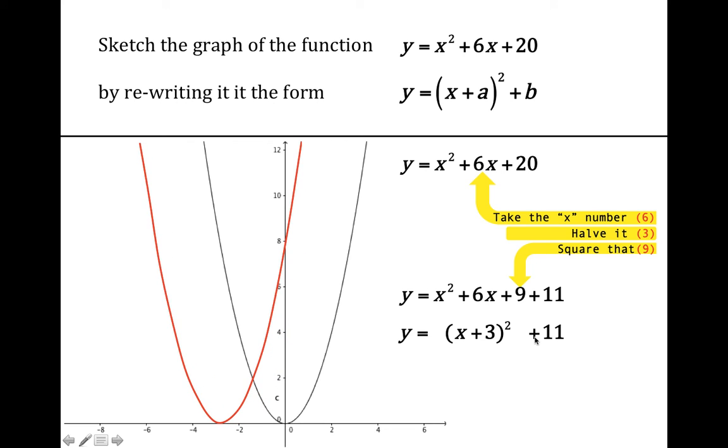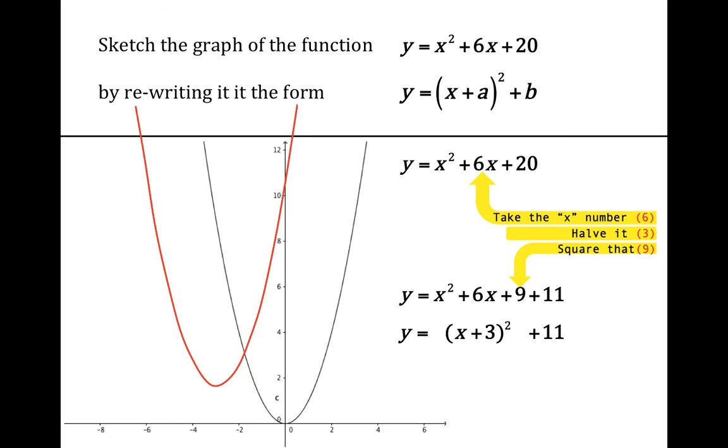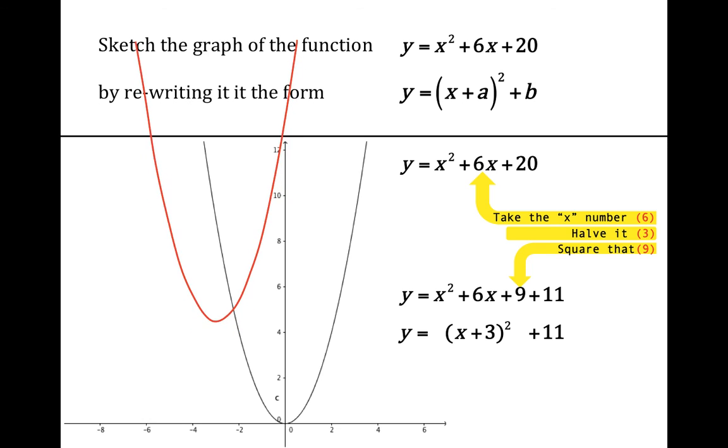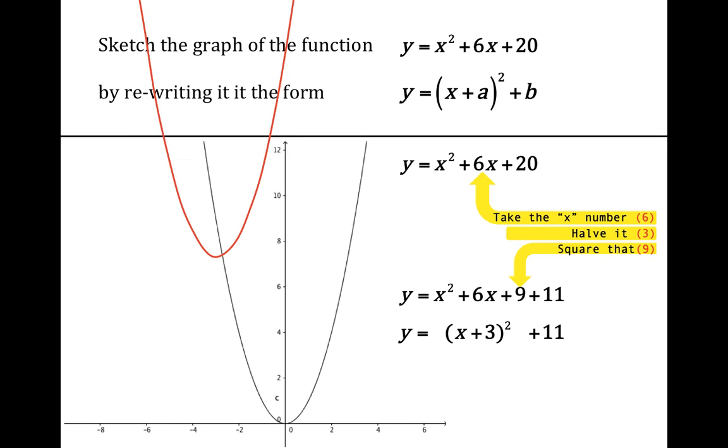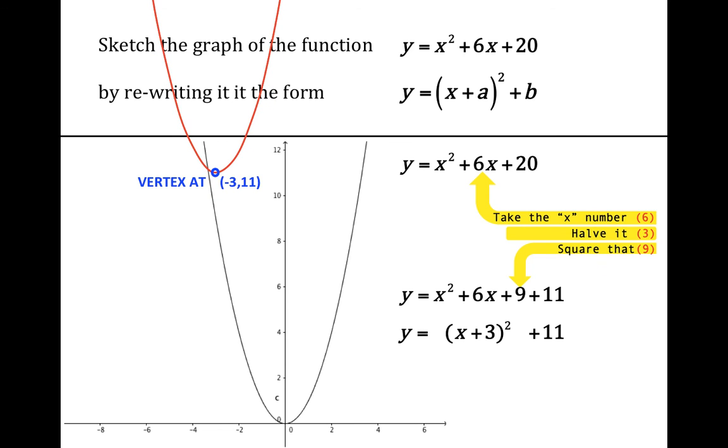And then the plus 11 would start to move the graph upwards by 11 units. So we ended up with something that looked the same as y equals x squared, but it was shifted 3 to the left and 11 up, so that it had a vertex at minus 3, 11.